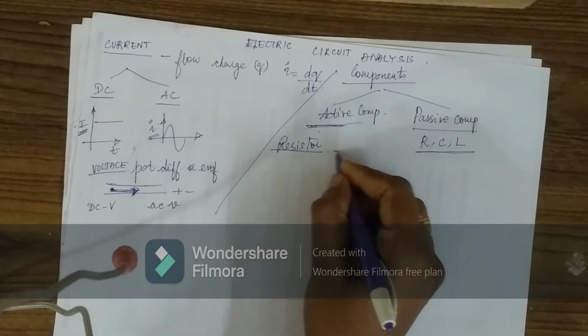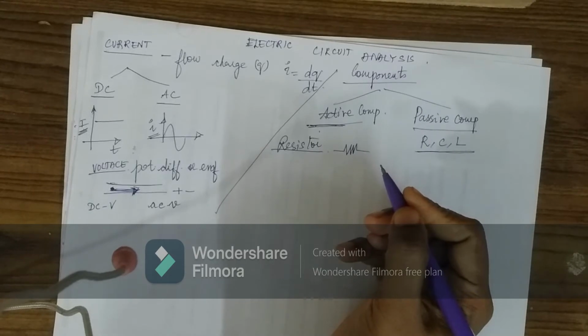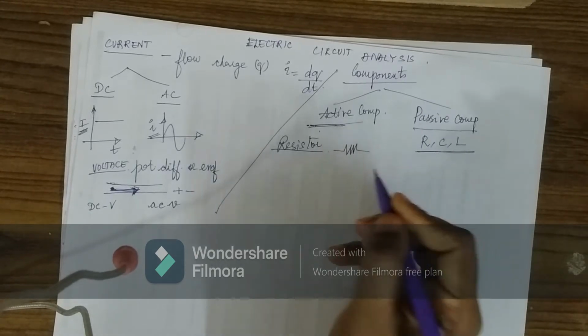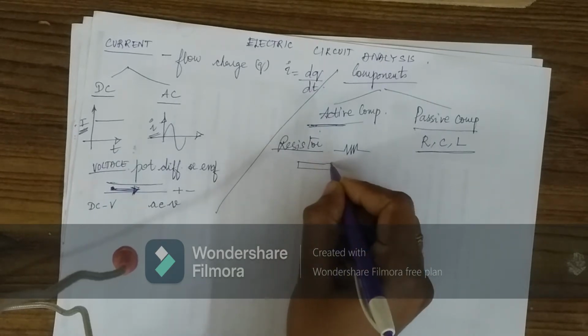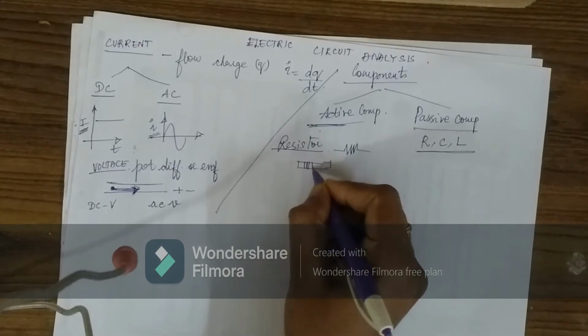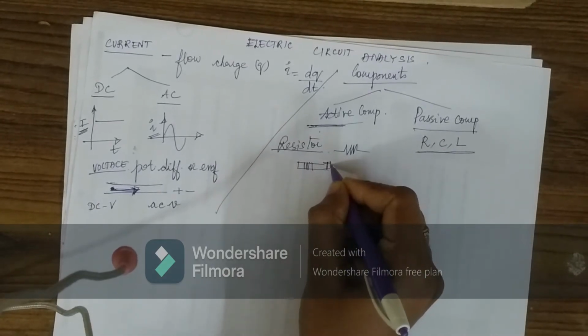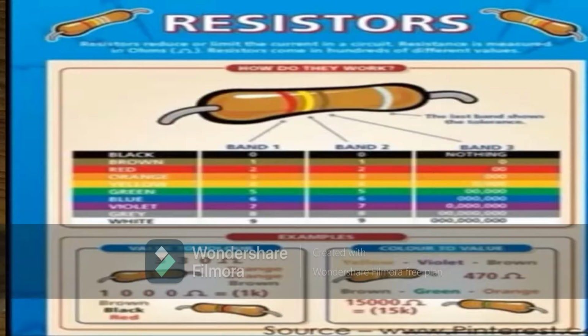So the representation is like this. Right? You can see resistors in many circuits. You will have 3 bands and 1 tolerance band. I'll show you the color code for this.